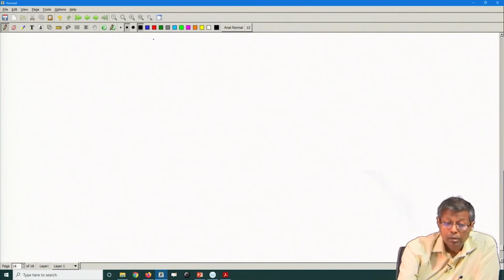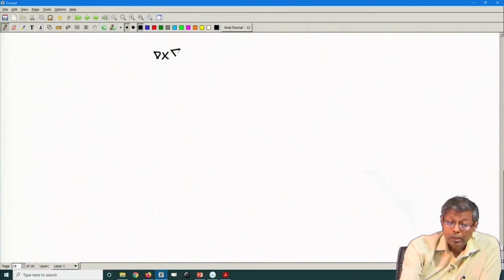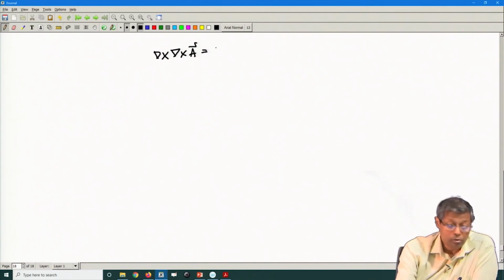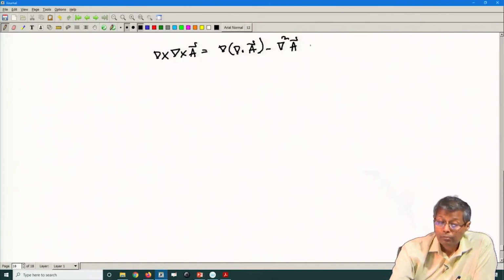And then we can write down, substituting P for A, curl curl A equal to grad of divergence A minus grad square A, that is 25.